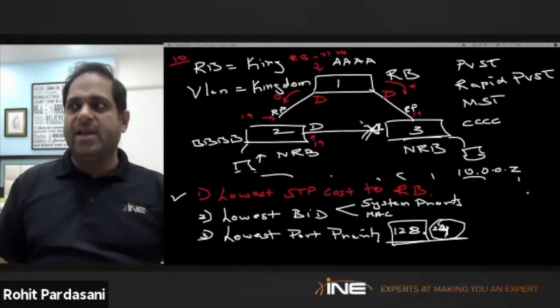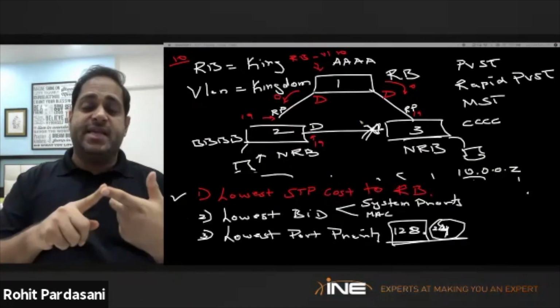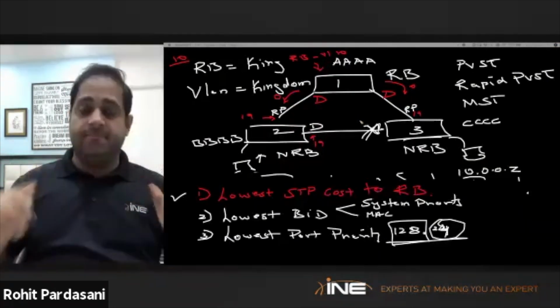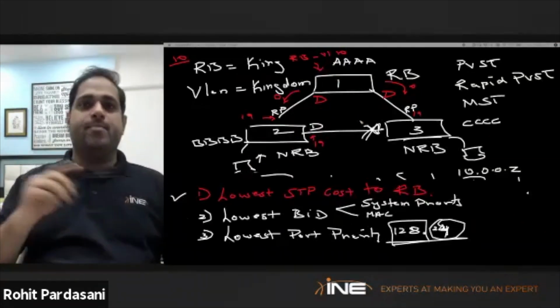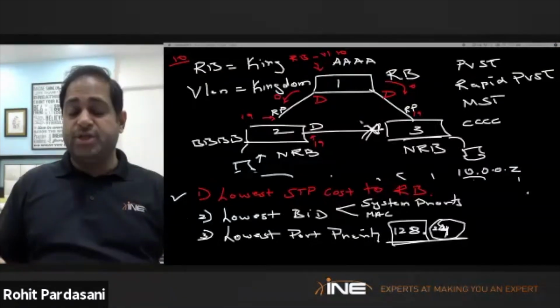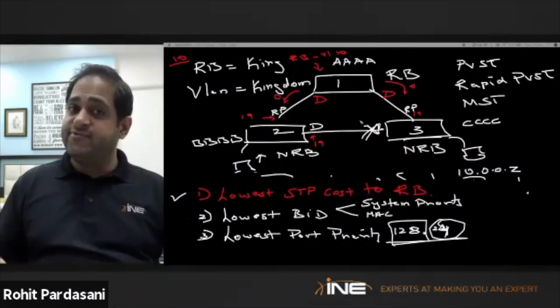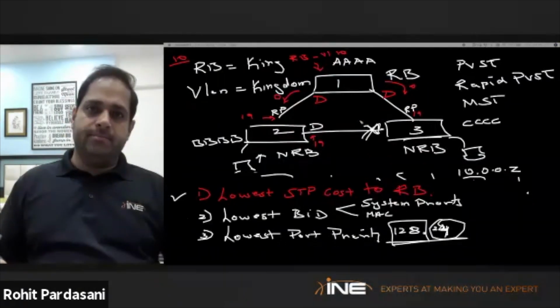So I'll quickly repeat that. Root bridge: lowest system priority, if same, lowest MAC address. That's it. For root port or designated port selection, first is lowest cost to the root bridge, STP cost to the root bridge. If same, lowest bridge ID. If same, lowest port priority.